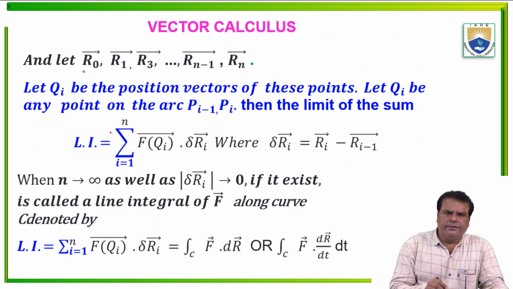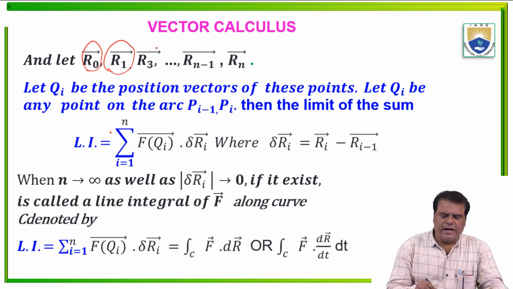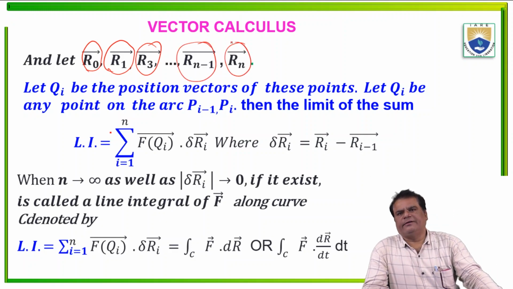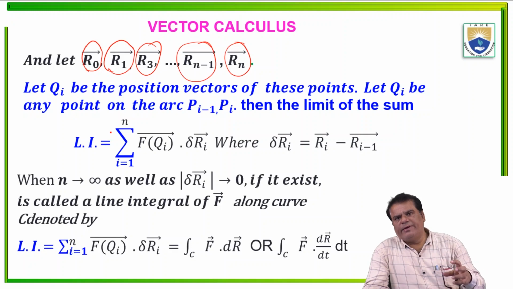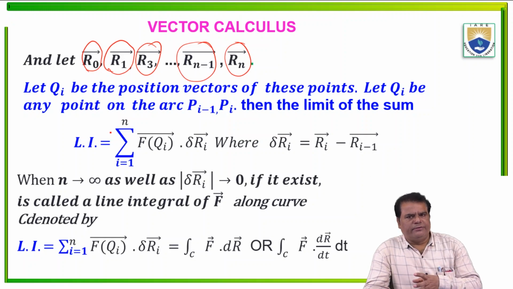And let there be R naught vector, R1 vector, R3 vector, Rn minus 1 vector and Rn vector. What are these? R naught vector is the value of the function at point P0. R1 vector is the value of the function at point P1. R3 vector is the value of the function at the point P3.